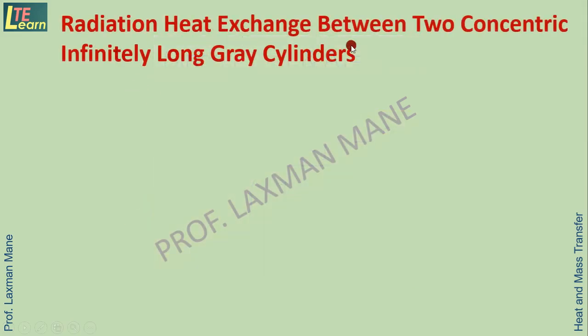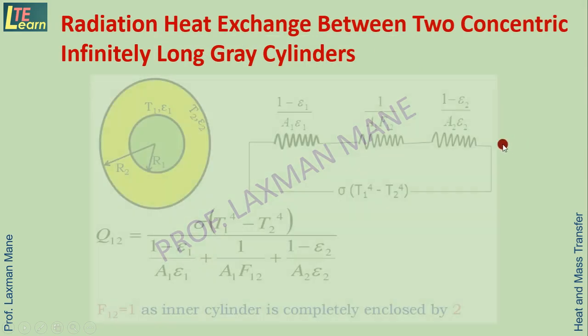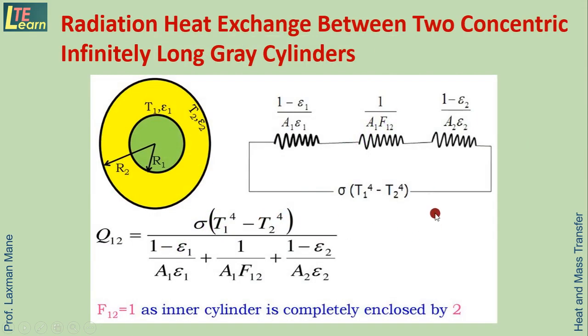Now the radiation heat exchange between two concentric infinite long gray cylinders. For this, this is the electrical analogy diagram. Again, the formula for the cylinder Q12 is equal to the potential difference in the numerator, and these are the three resistances shown here.